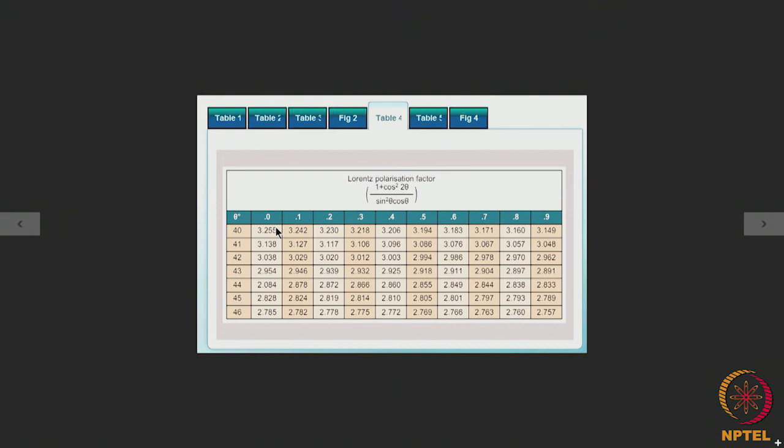If on the other hand theta is 40.1 degrees, then the Lorentz polarization factor is this. If it is 42.5 degrees of theta, then it will be 2.994. If it is say 45.9 degrees theta, then it is 2.789, etc. So, from this table we can find out the value of the necessary Lorentz polarization factor for the lines.